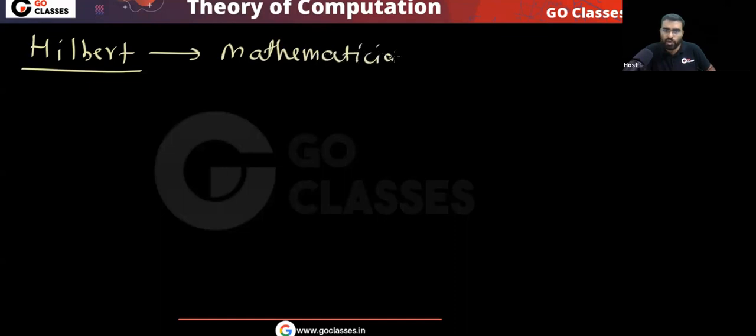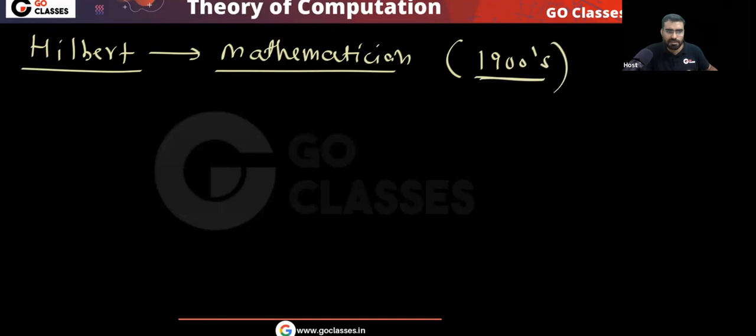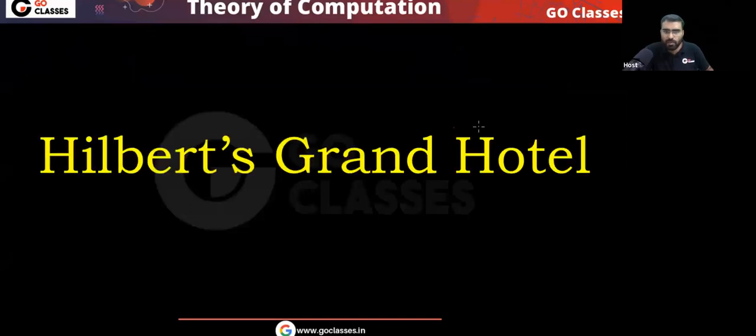Now, at that point of time, in the 1900s, Hilbert was a great mathematician. Some mathematicians used to think that they had understood infinity. Then Hilbert created one paradox, or I can say one scenario.